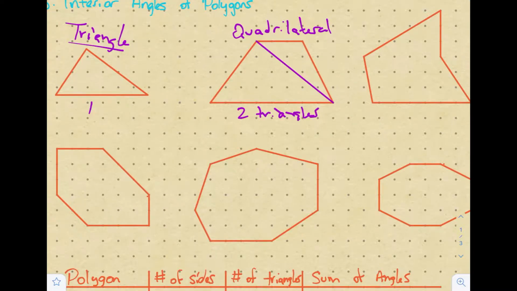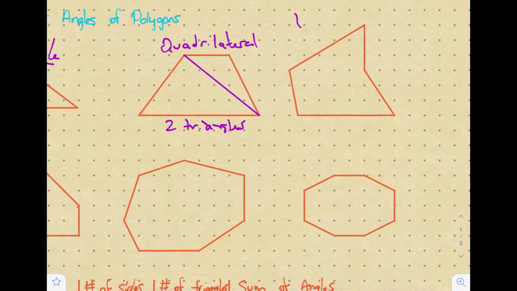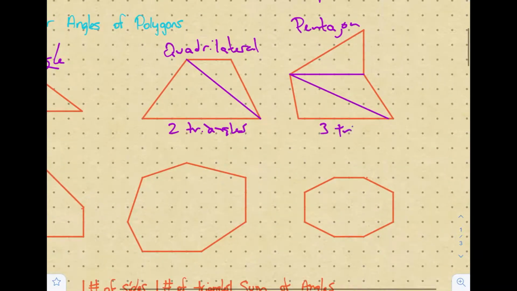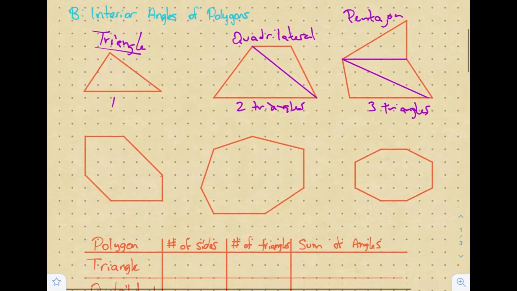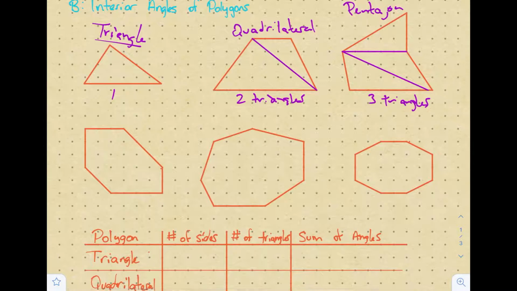A pentagon, next one, has 5 sides. I can cut this top triangle off right here. And then our bottom half is a quadrilateral. So this pentagon with 5 sides can be made into 3 triangles. All right, let's go over to a hexagon.